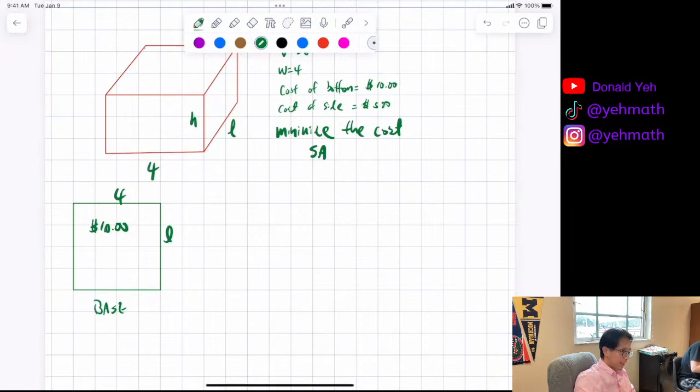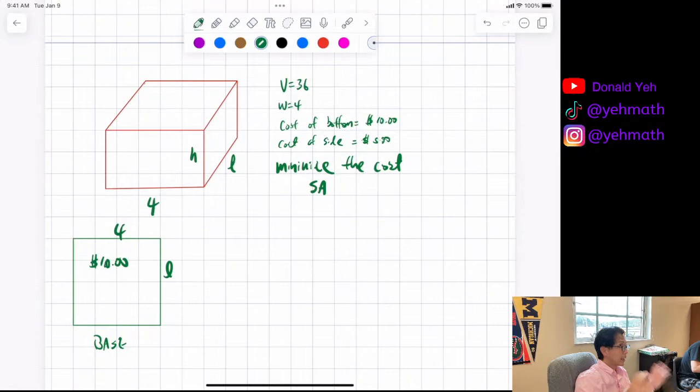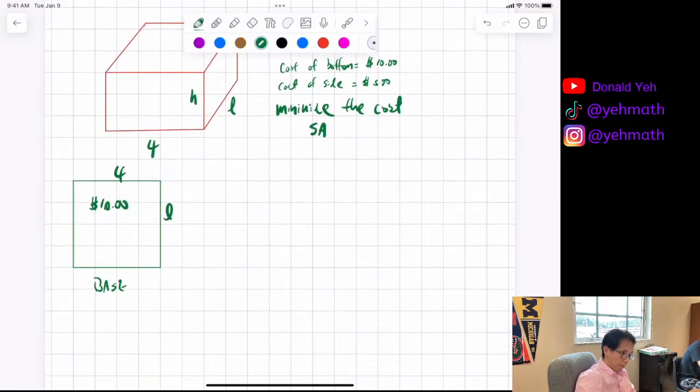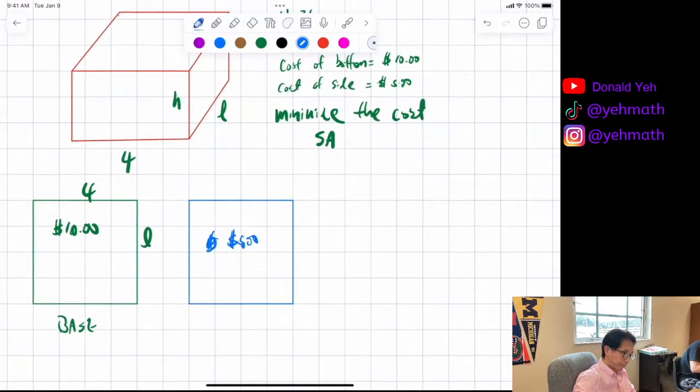But obviously, that only takes care of the base. It doesn't take care of the other sides. There are 4 sides, and 2 of them are equivalent to the other 2. So let's use a different color for the sides. We know the side costs $5.